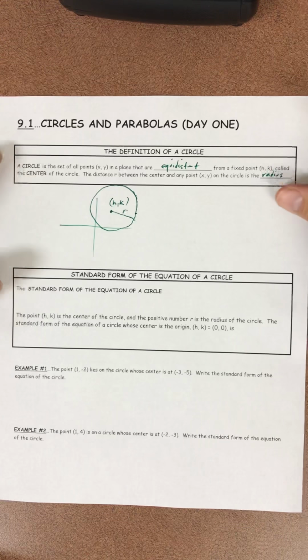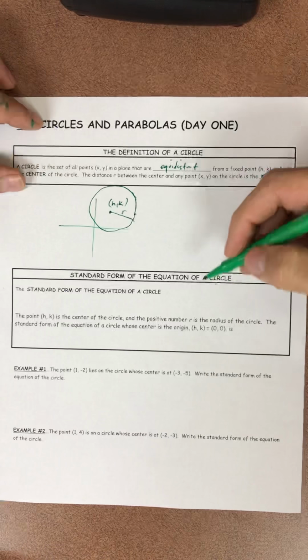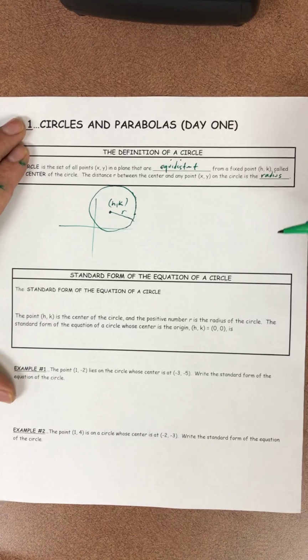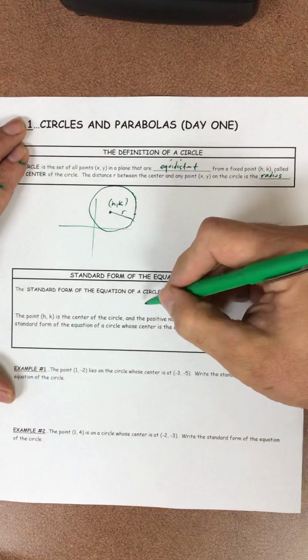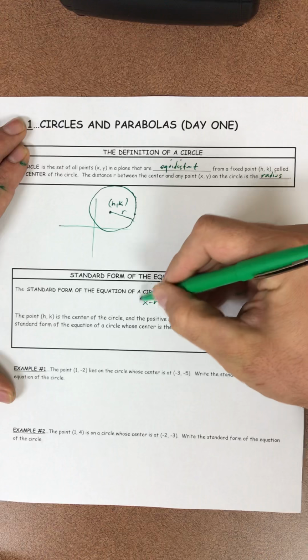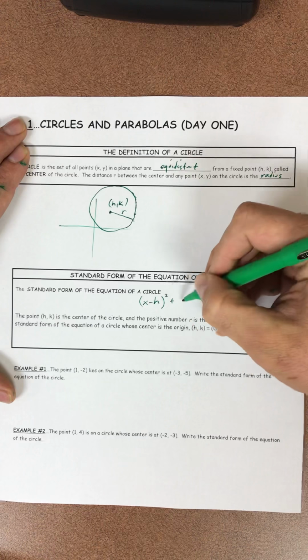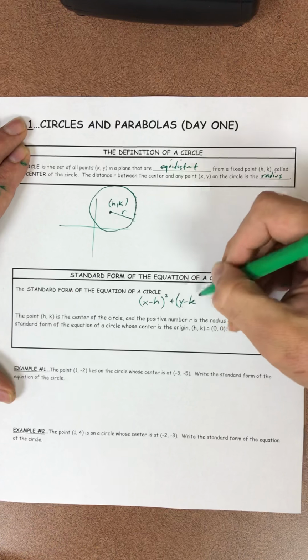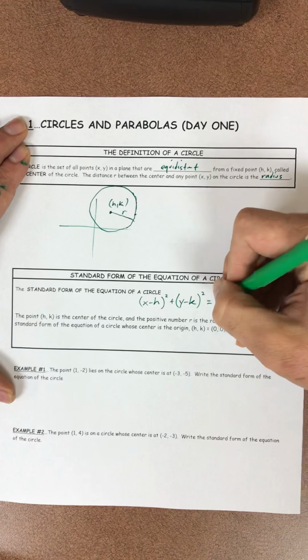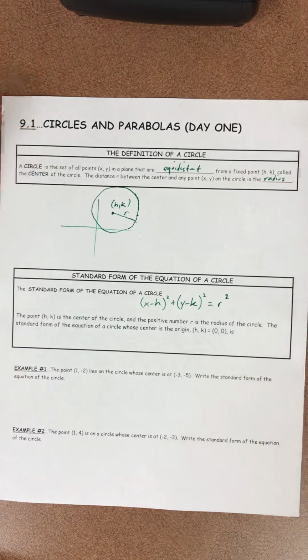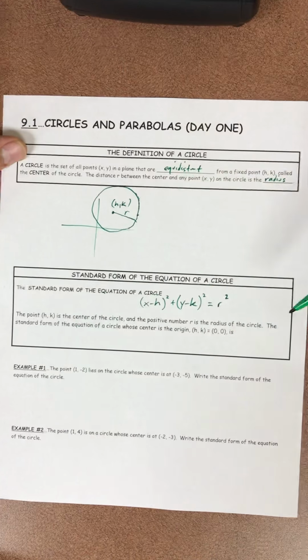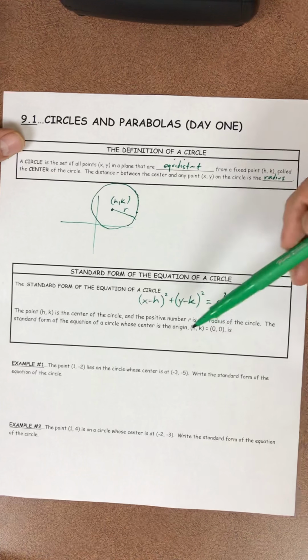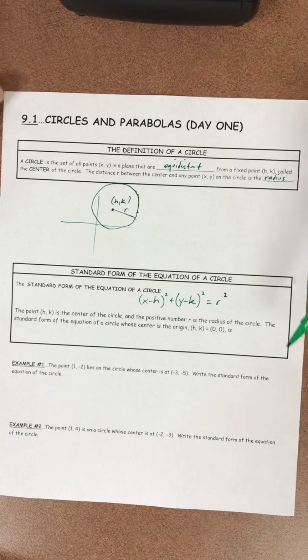Now, moving the circle around, the standard form of the equation of a circle is (x minus h) squared plus (y minus k) squared is equal to r squared. h comma k is the center of that circle, and the positive number r is the radius of the circle.